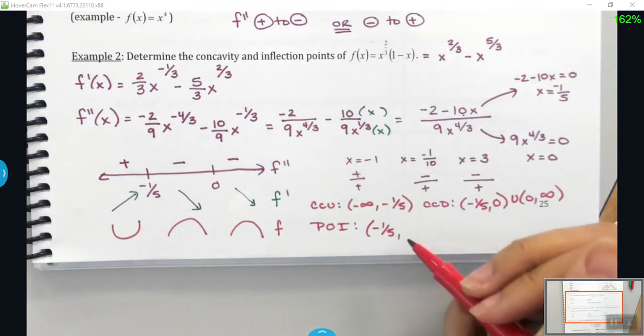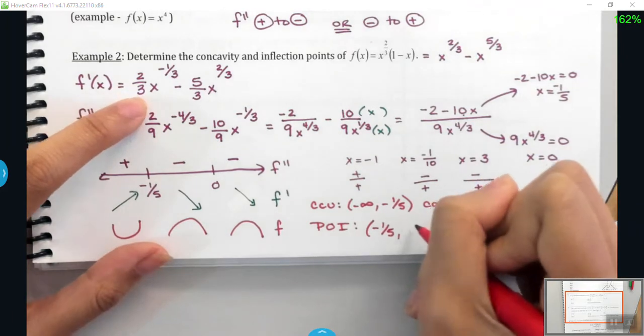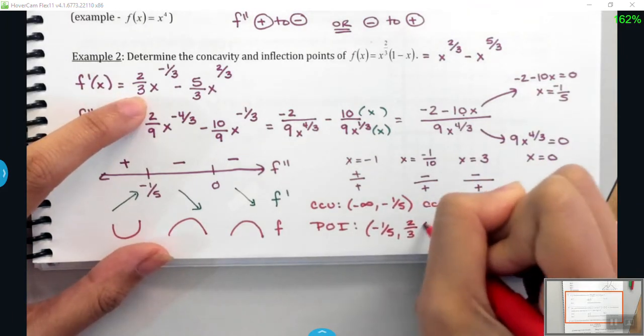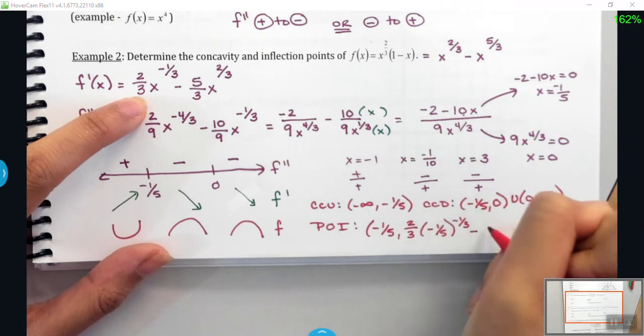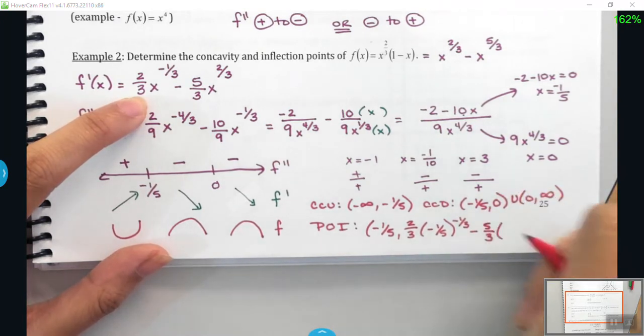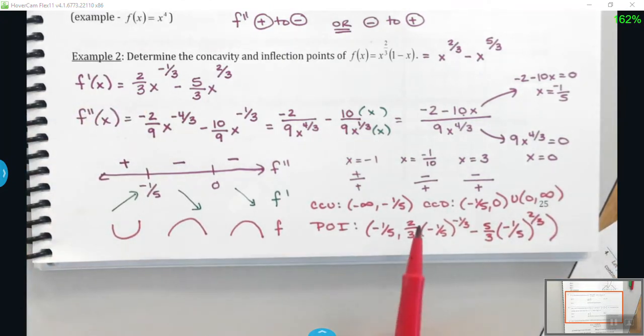Oh, and then you have to plug in negative 1/5 in here. It's too hard to compute on your own, so we just write the whole y with negative 1/5 plugged in here.